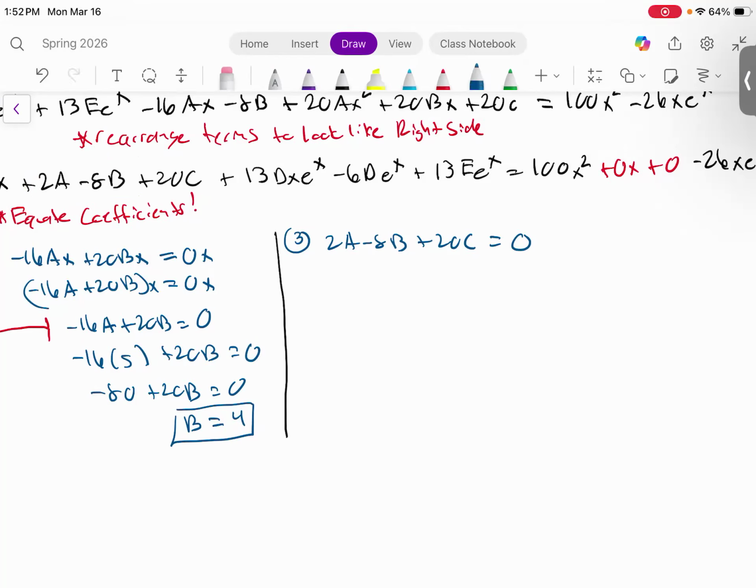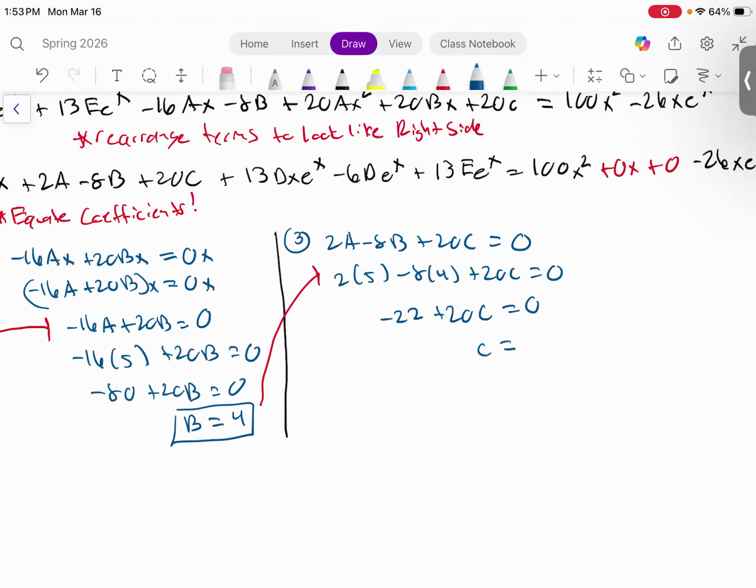And I know what A and B are already. So this ends up being 2 times 5 minus 8 times 4 plus 20C equals 0. And so this ends up being negative 22 plus 20C equals 0.